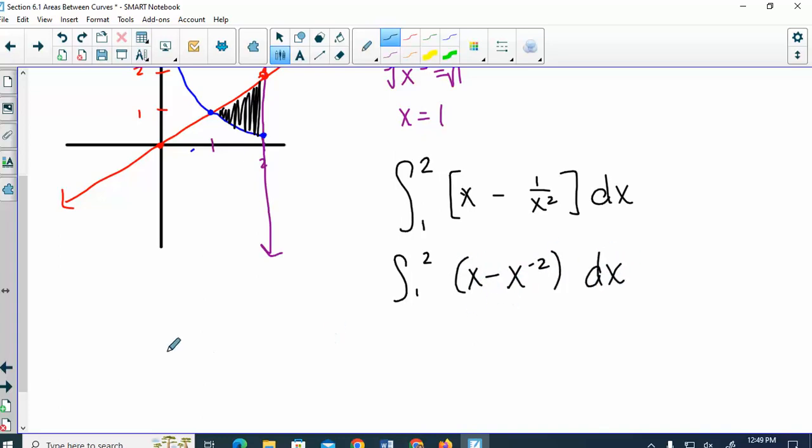So antiderivative of x would be, minus antiderivative of x to the negative 2. Negative x to the negative 1. From 1 to 2.